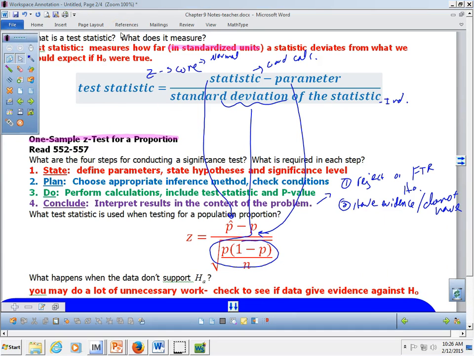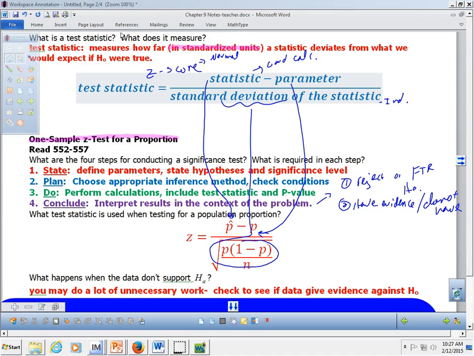The next question. What happens when the data don't support H sub a? And I've thrown that out there before in class. Let's say that the claim to a population parameter is 0.75, and you think that the actual population parameter is less than 0.75.